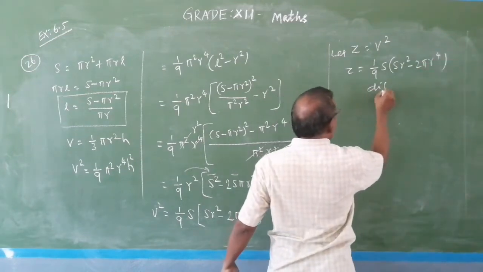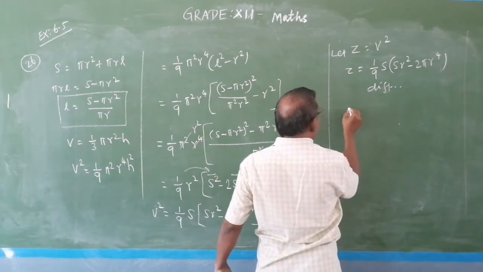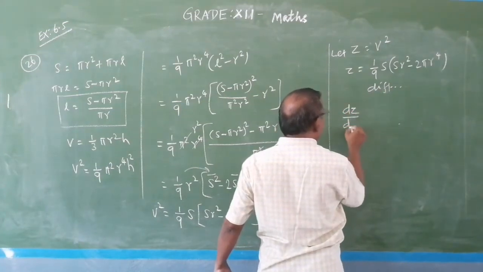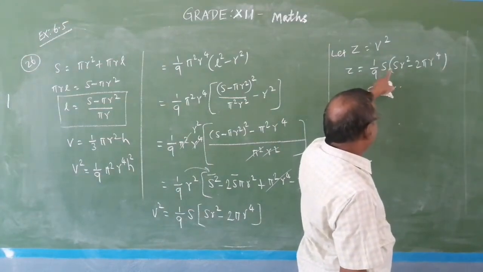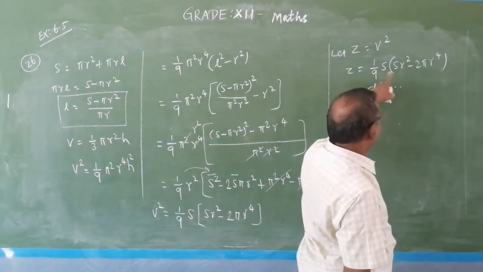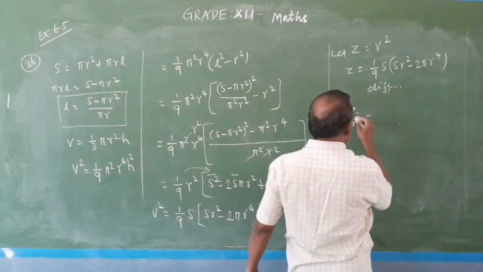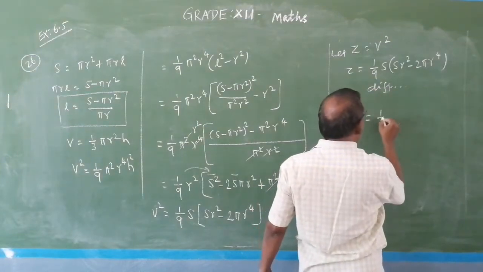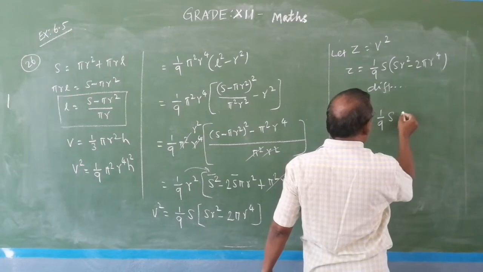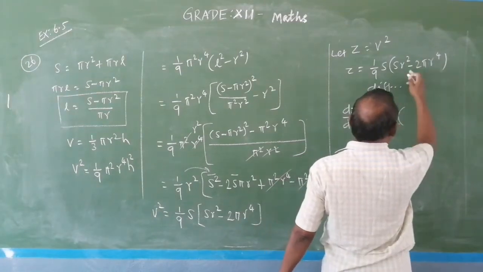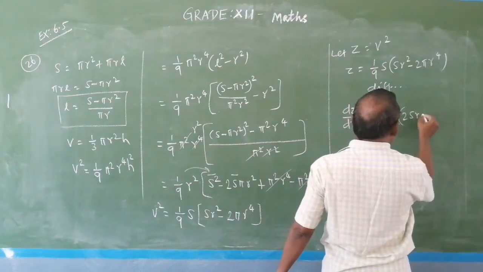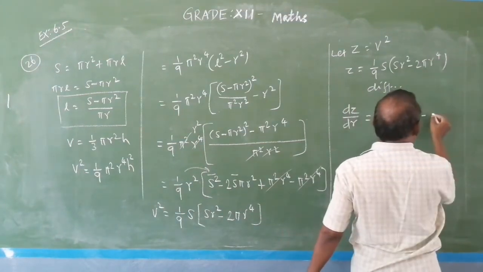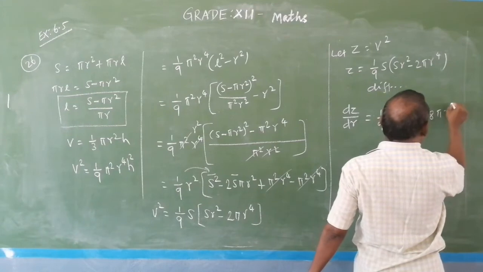Differentiating dz by dr, because z is a function of r only, given that the surface area S is constant and the other values are constant. So dz by dr equals 1 by 9 into S constant, S into r square, differentiating r square gives 2r, 2Sr minus 4 into 2S, that is 8 pi r cube.